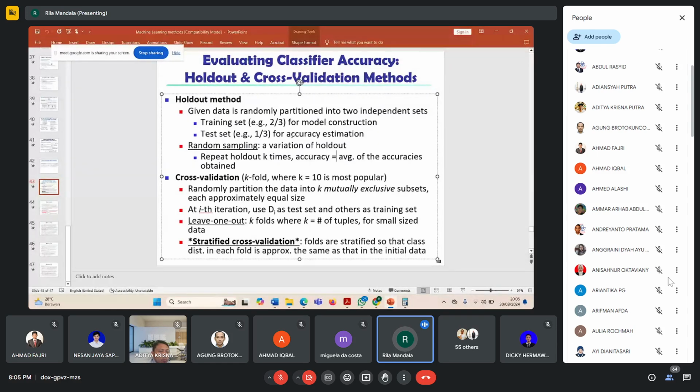So testing data cannot be used for adjusting the experiment. Cannot. If you do that, then you are cheating. Don't cheat. Testing data cannot be used for adjusting the parameters. Testing data must be unknown.